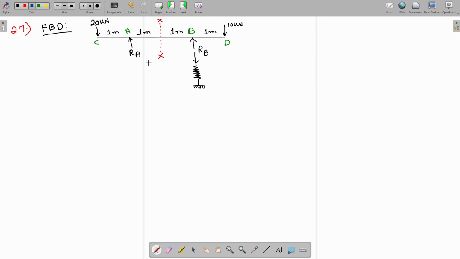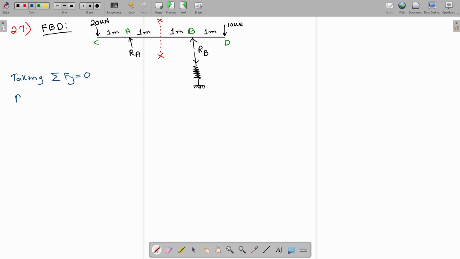Now, to solve this beam and to find the deflection or moment at XX section, we are going to take summation of Fy is equal to 0.